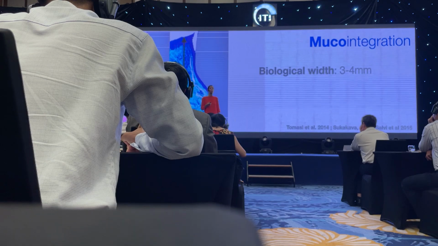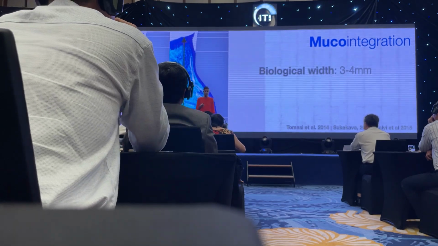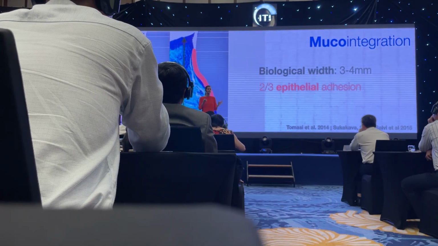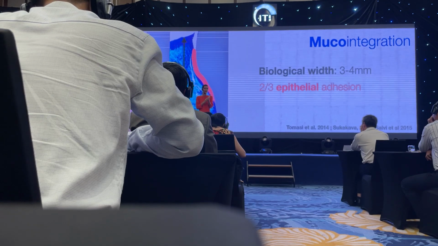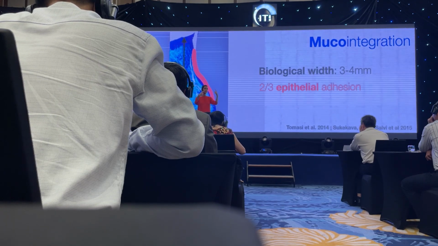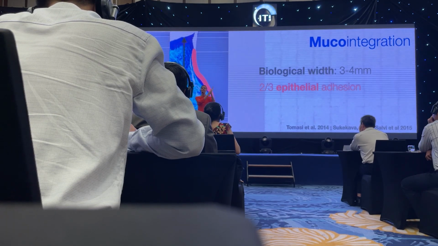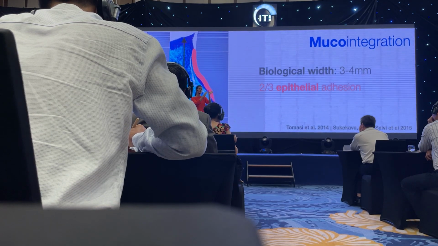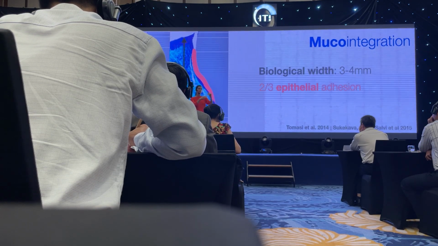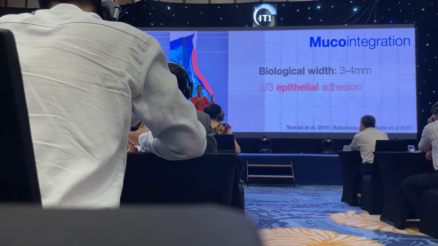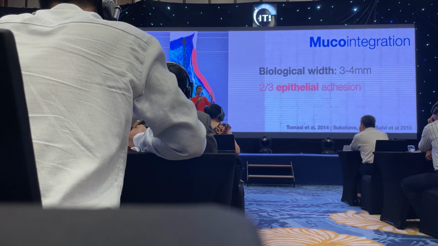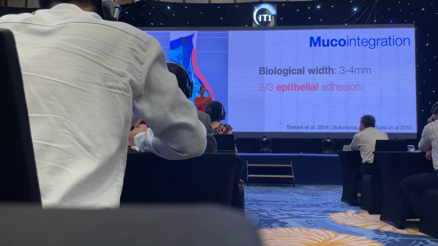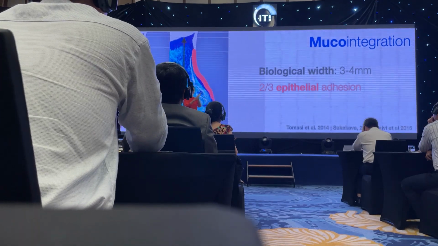This is a little bit more than a natural tooth, and the interface in the most coronal part is an epithelial adhesion. You know, these are epithelial cells that are connected to the transmucosal component or to the neck of the implant, if it's a tissue level implant.